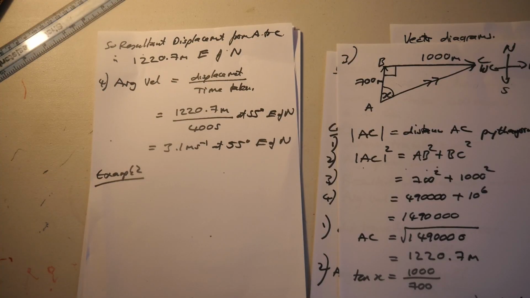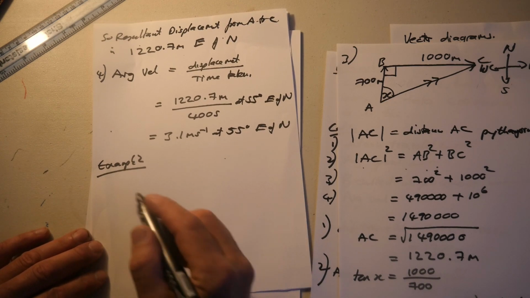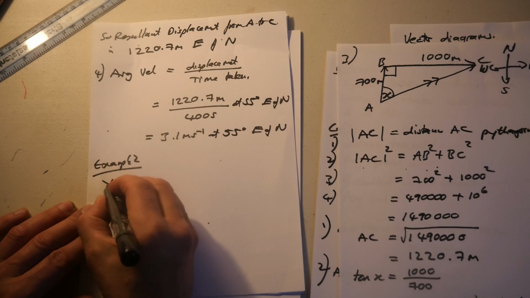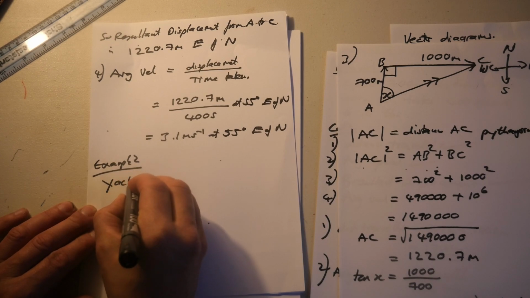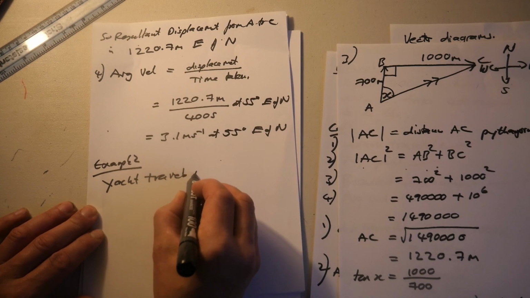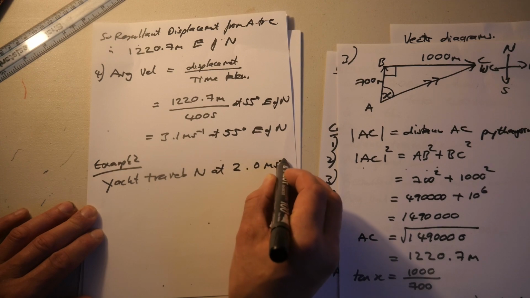Right. So, example 2. A yacht, a sailing boat, travels north at 2 meters per second.